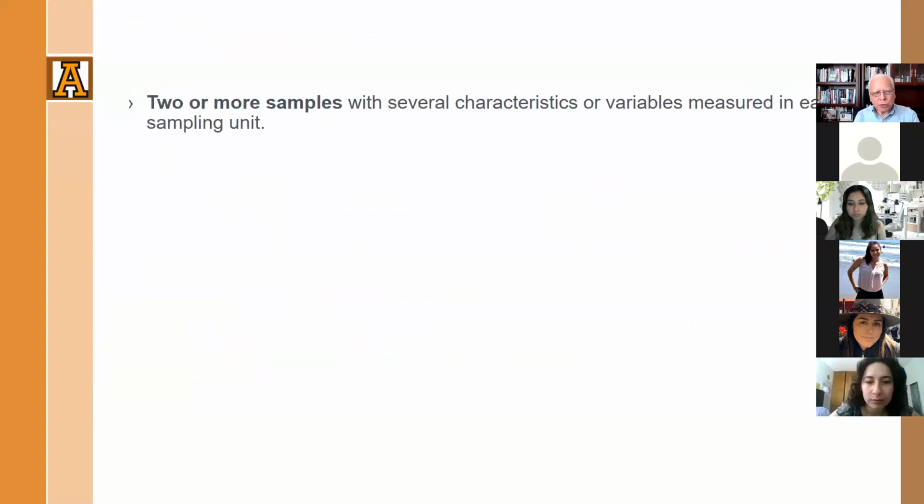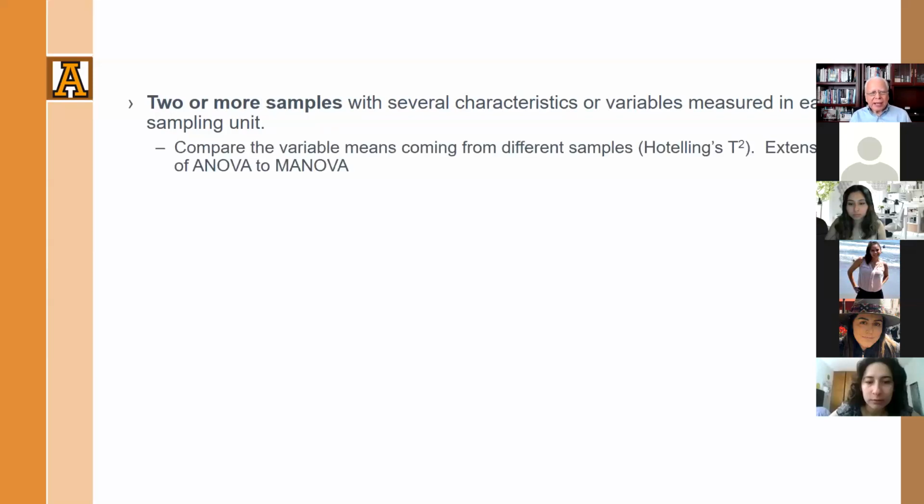The other case is when we have two or more samples which have several characteristics or factors or independent variables measured in each sampling unit. One case is the multivariate analysis of variance, which is an extension of the analysis of variance that you probably studied in statistical methods.